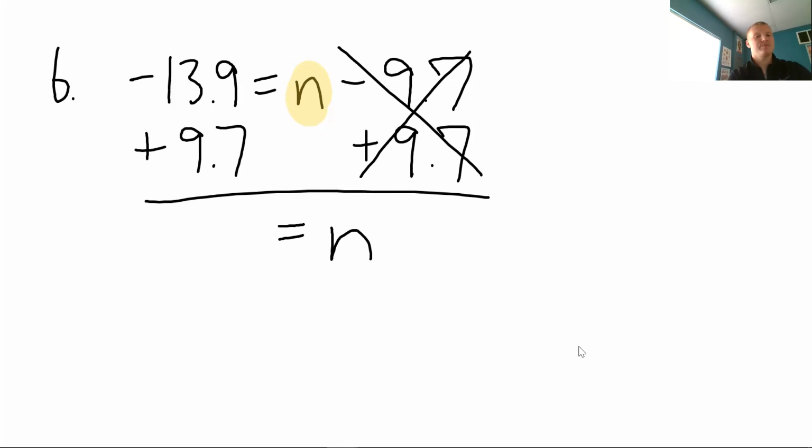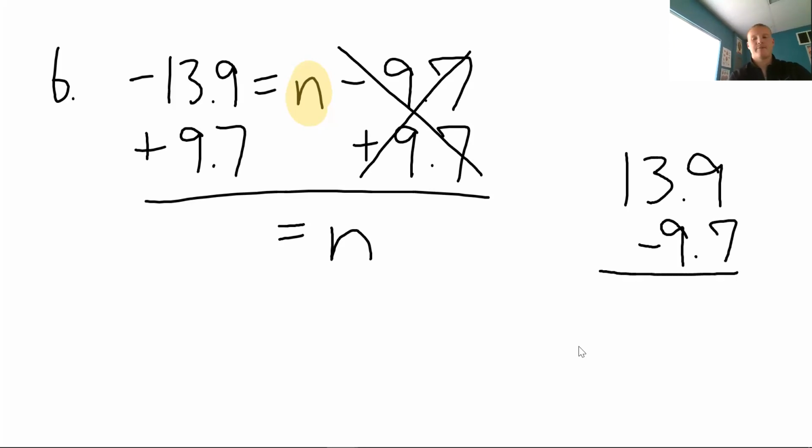So negative 13.9 plus 9.7, since that's a little more challenging, I'm just going to do 13.9 minus 9.7. And since I flipped them like that, I have to remember to put a negative sign there at the end, because my negative number is bigger than my positive number. Negative 13.9 is bigger than 9.7.